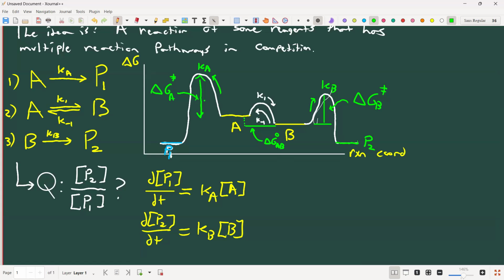All right, so what we want to do is take this information we have here and calculate the ratio of P2 and P1. So we just need to do a little bit of math.